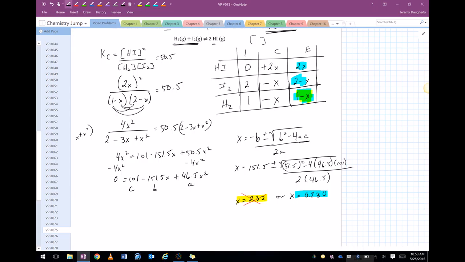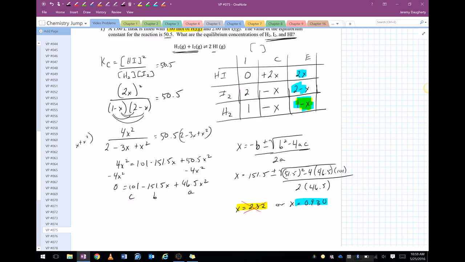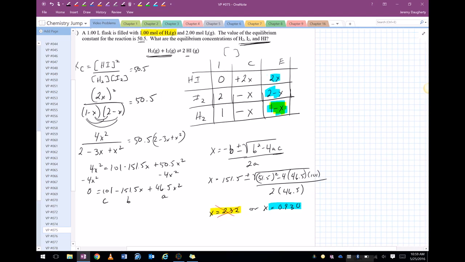So now I can plug that back in to my equilibrium expressions right here, my equilibrium values, and I can get the actual equilibrium concentrations. So this is going to be 2 times 0.930, the equilibrium concentration of HI. This is going to be 2 minus 0.930, the equilibrium concentration of iodine. This is going to be 1 minus 0.930, the equilibrium concentration of hydrogen.